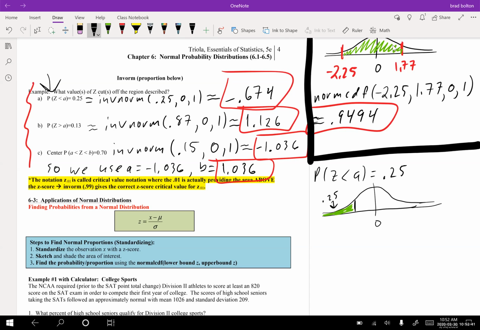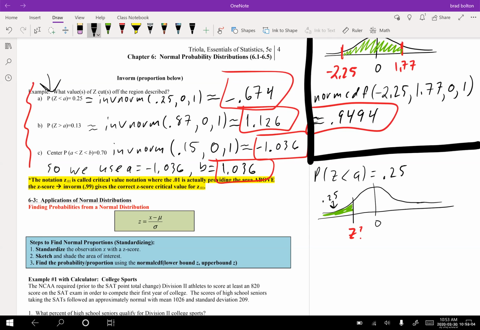So we have to find this Z value right here. We don't know what it is, but we'd like to know.